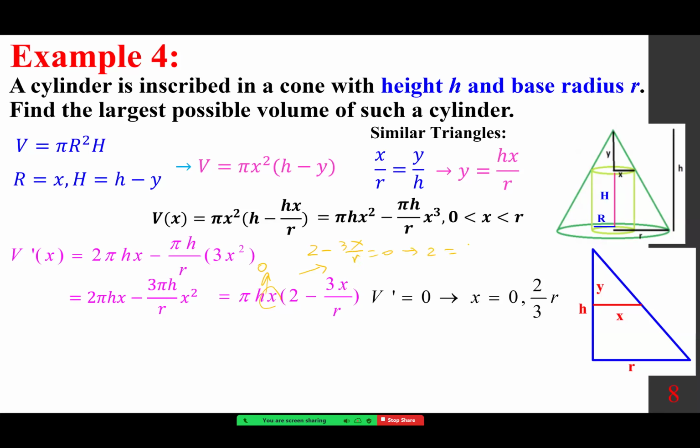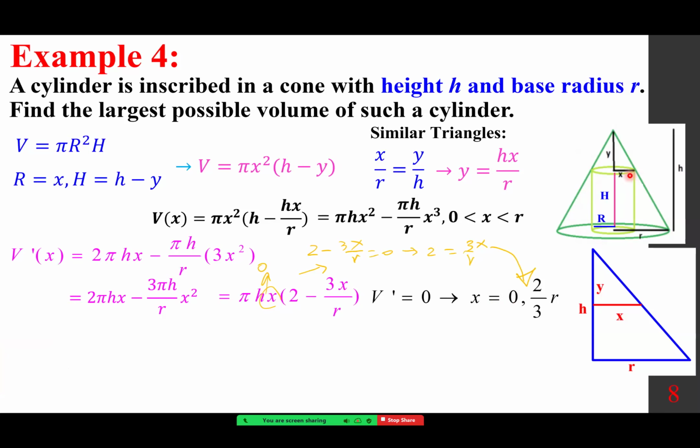That means 2 is 3x over r, and so x is, I meant, 2 times r divided by 3, or 2/3 r.